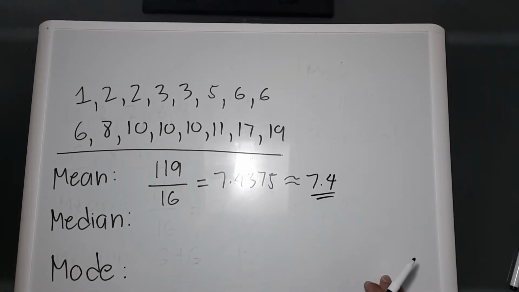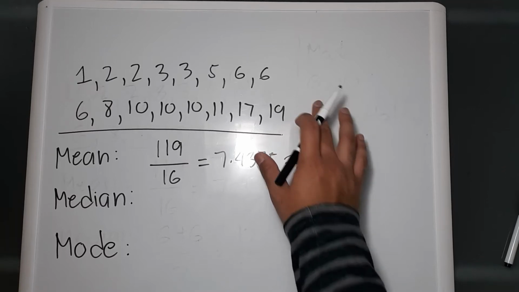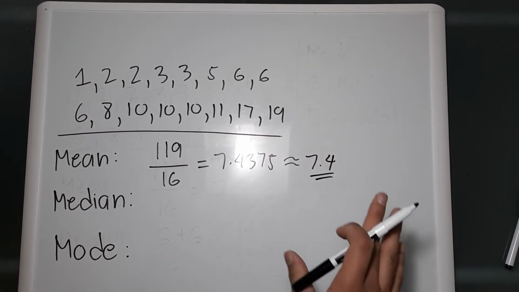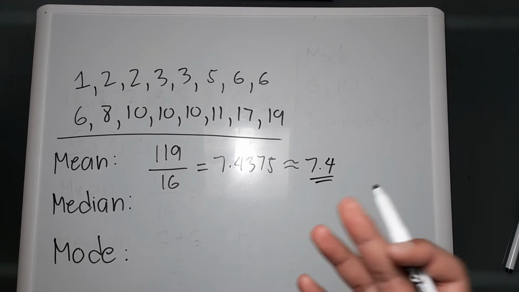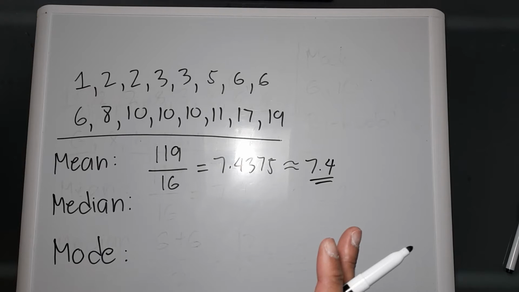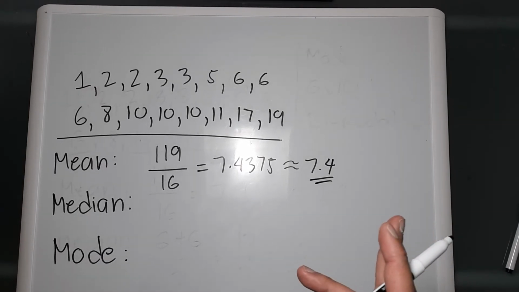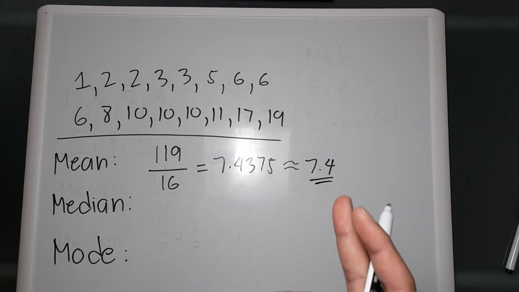To find the median, all we need to do is find the middle value in the data set. Since the number of values in our data set is an even number, 16, there will be two middle values. To find the median, we add the two values and divide by 2.